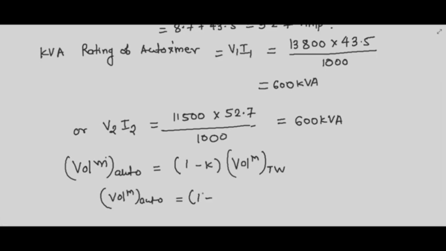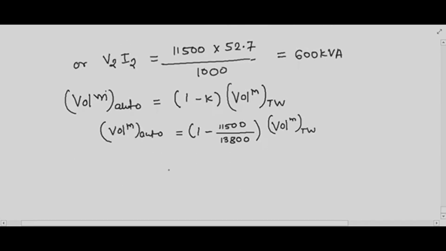It is 115 divided by 138, that is V2 by V1, 11,500 divided by 13,800, into the volume of your normal two winding transformer.